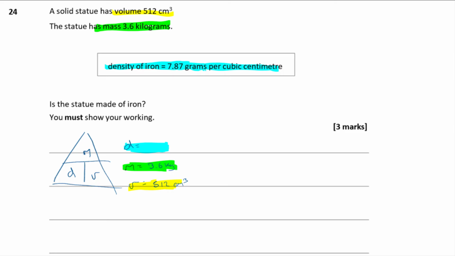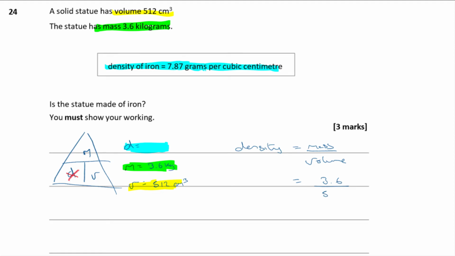Okay. So then, covering up the thing I want to find, density, that's mass divided by volume, isn't it? So density equals mass over volume, which in this case is 3.6 kilos divided by a volume of 512.